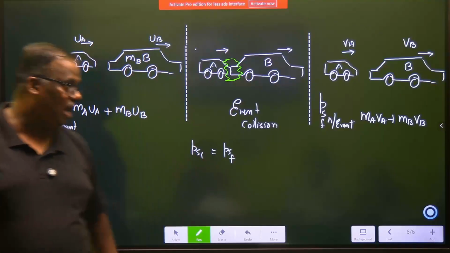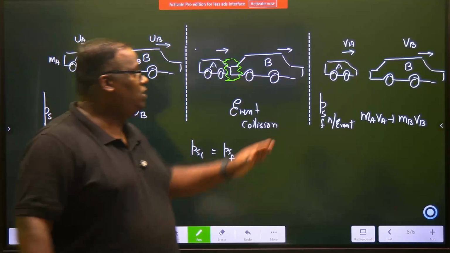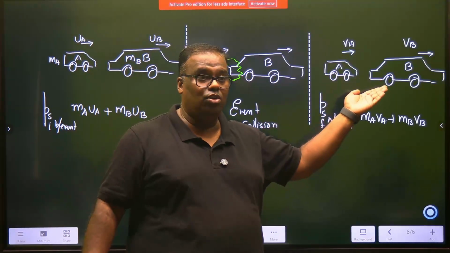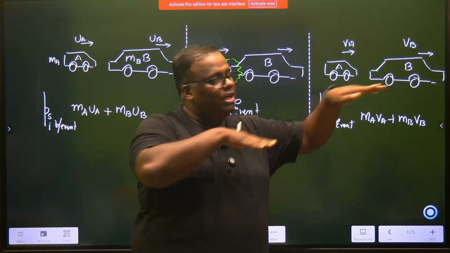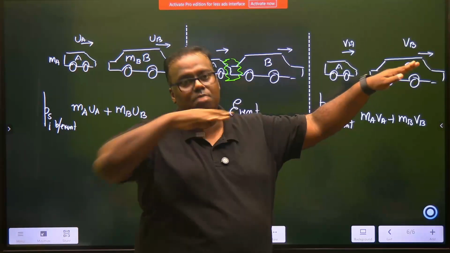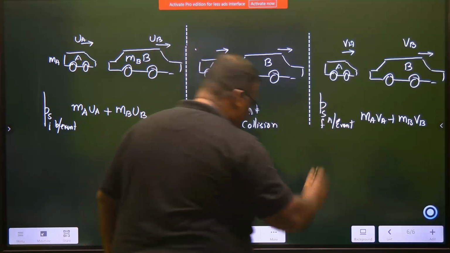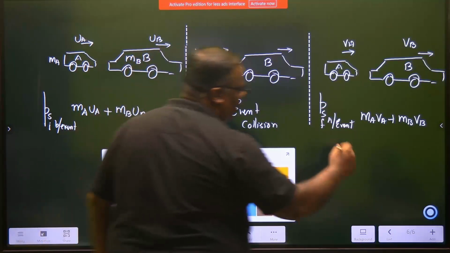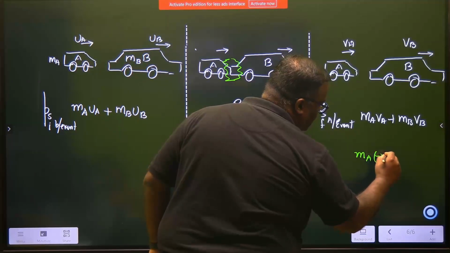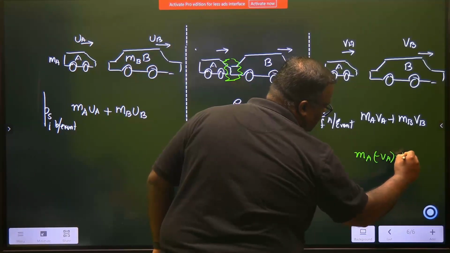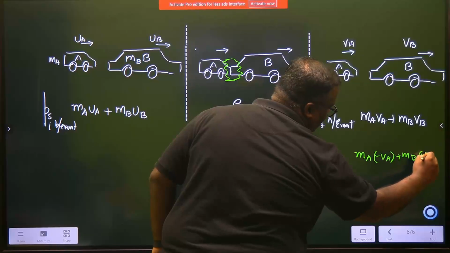Now let's say scenario number two: after hitting this vehicle, it went in the forward direction and this one came back. In that scenario, I'm changing my color now. It will be MA minus VA plus MB VB.